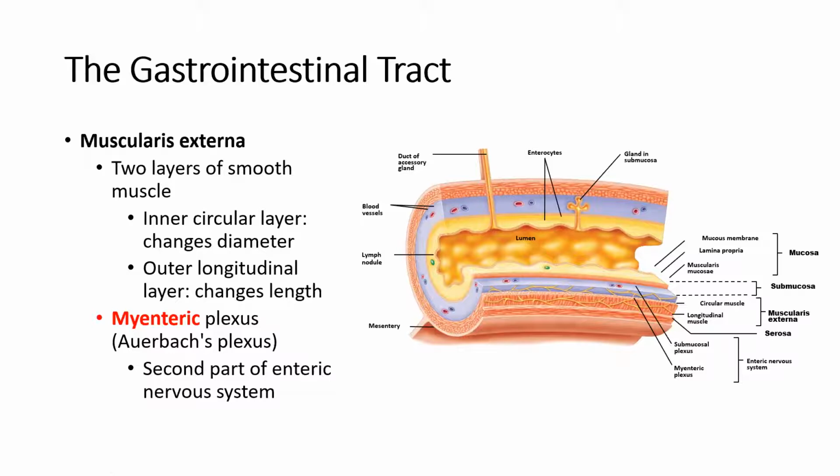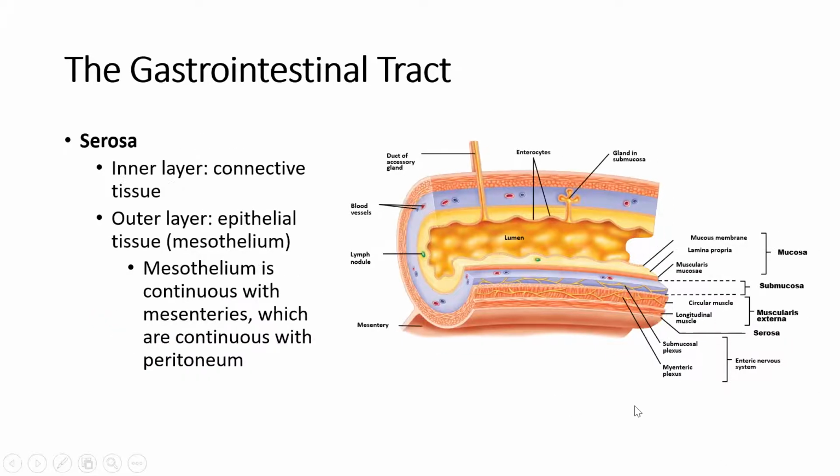This is where that innervation is brought about via these nerve plexuses. So the Auerbach's plexus as well as the submucosal plexus, both of those are parts of the enteric nervous system, which is another way of saying the autonomic nervous system. And that is how those autonomic functions are brought about in the GI system via these two nerve networks or nerve plexi.